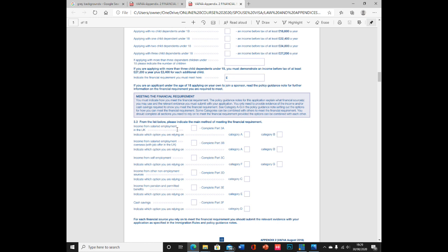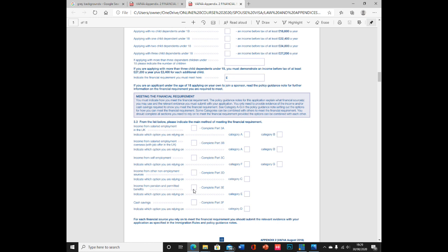If you are receiving your income from overseas, you will complete part 3B. If you are receiving income from self-employment, then part 3C. For income from non-employment sources, for example rental properties, you will complete part 3D. Then there is income from pension and permitted benefits.